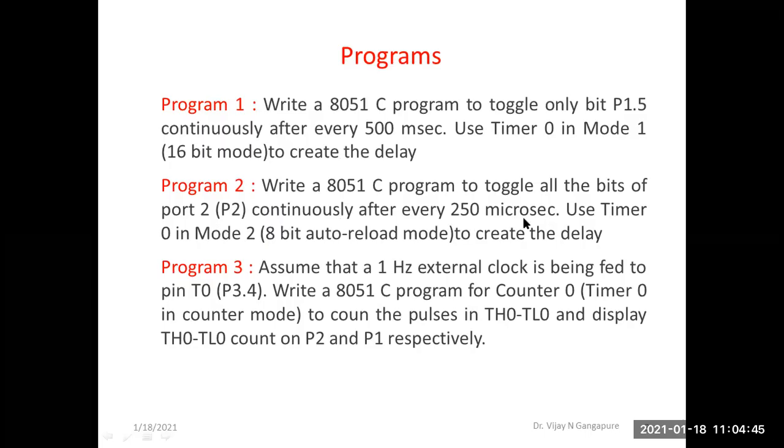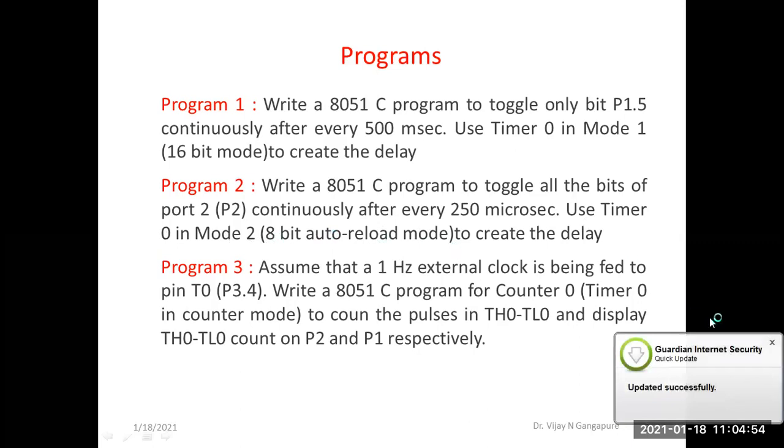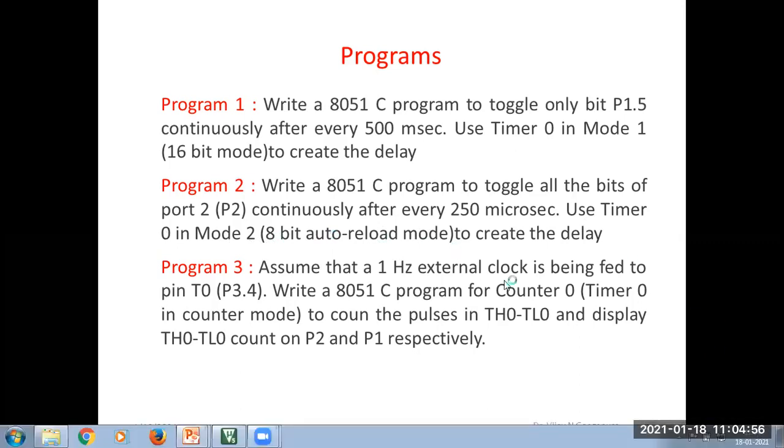To generate this 250 microsecond delay, we use timer 0 in mode 2, which is nothing but 8-bit auto reload mode. In these first two programs we will study timers of 8051 in timer mode.